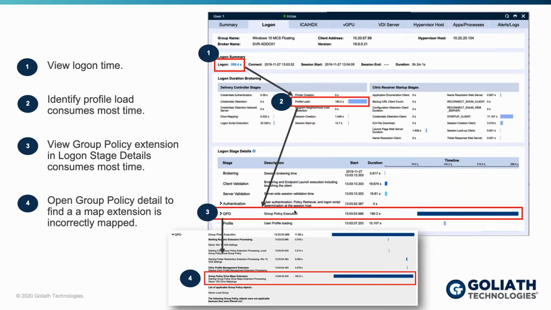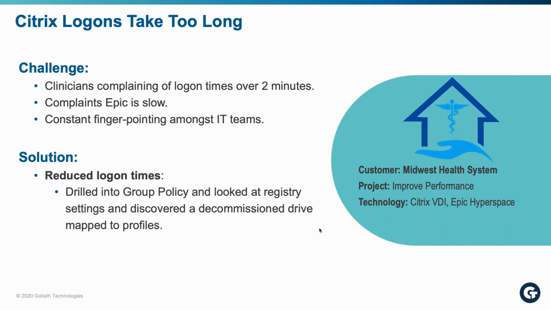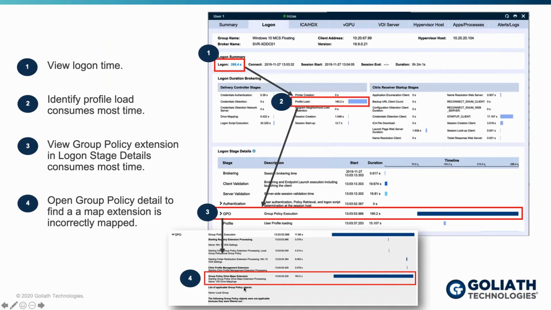And on expanding the group policy section, they were able to see a specific drive mapping policy that was taking a majority of the time. The drive was actually decommissioned, so there was a timeout period there. They were able to remove that policy and cut down the logon times very drastically.